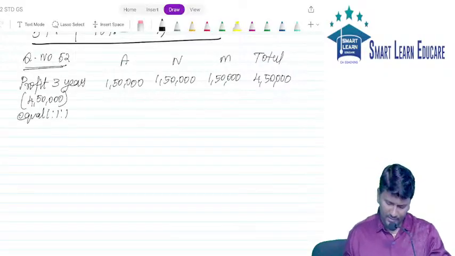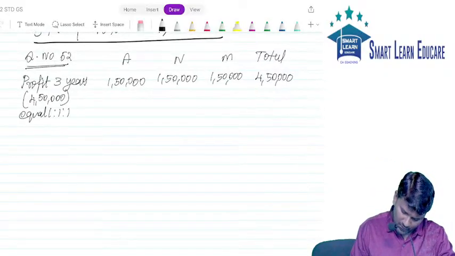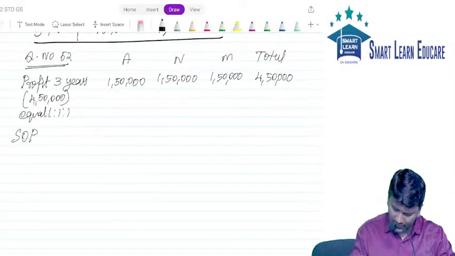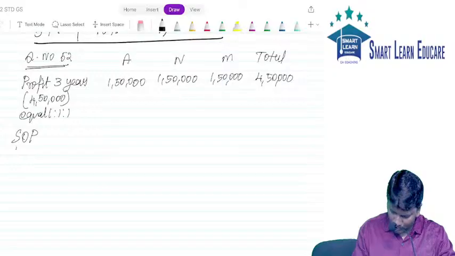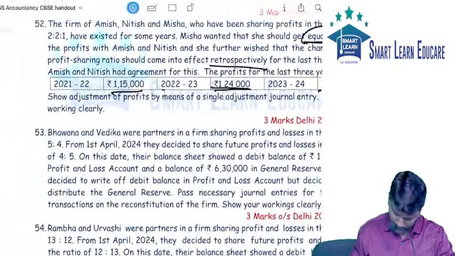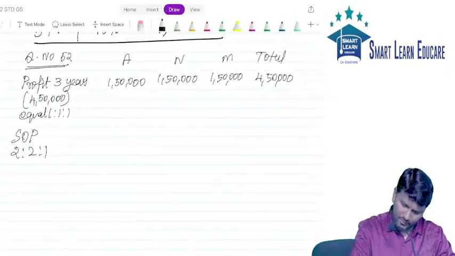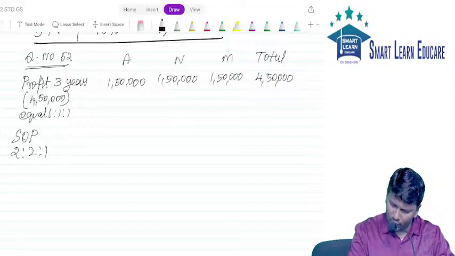Now what is the profit given? What is the share of profit given in earlier years? 3 years total, in what ratio was it given? 2:2:1. So 4,50,000 you should share in 2:2:1.